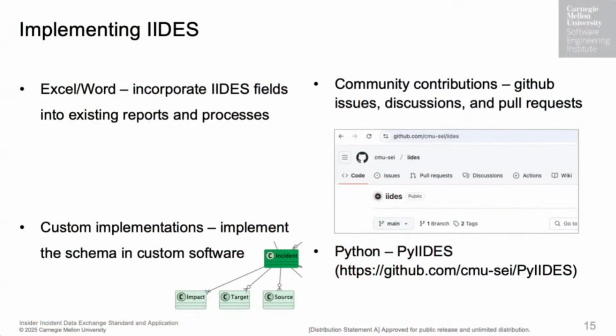Maybe you're just using Excel to track things and SharePoint or something like that, or Word or PDFs or things like that. You can still leverage IDES, leverage the fields and the definitions and the vocabularies that we provide for that. Won't get you the type of access controls maybe that the database could, but it's an option as well. Yeah, really good stuff, Austin.